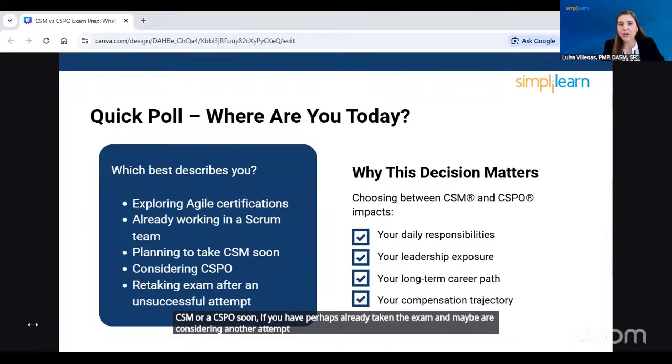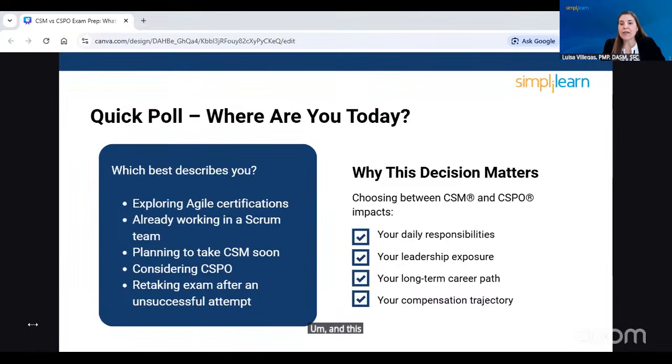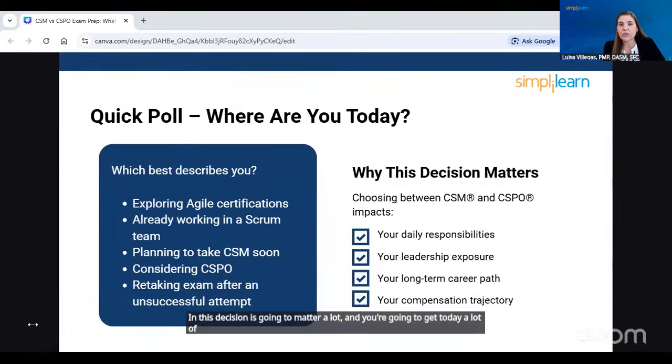So where are you in your journey? This decision is going to matter a lot, and you're going to get a lot of information and tools today if you're still undecided about which Agile certification to pursue. So it would help us a lot to understand where you are in your journey.